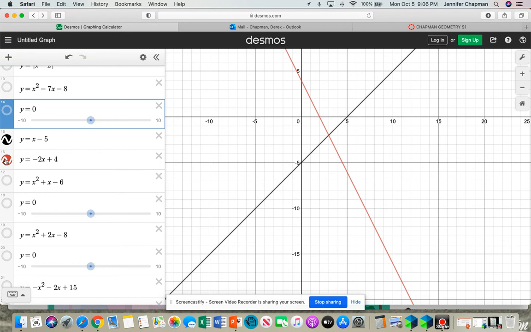Same idea, same thought process as what we just talked about. The actual inequality we're dealing with is x minus 5 is greater than -2x plus 4. So we want to keep every part of this problem when x minus 5, the black line, is literally greater than the red line.